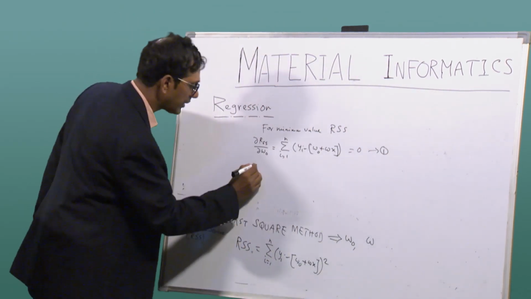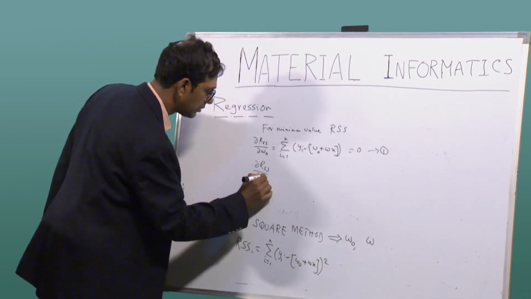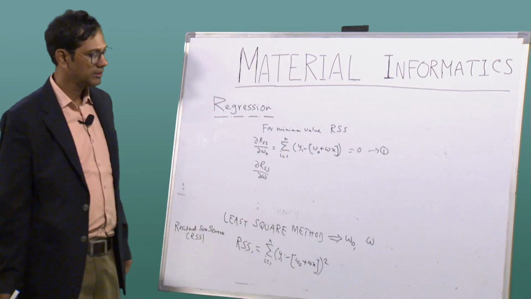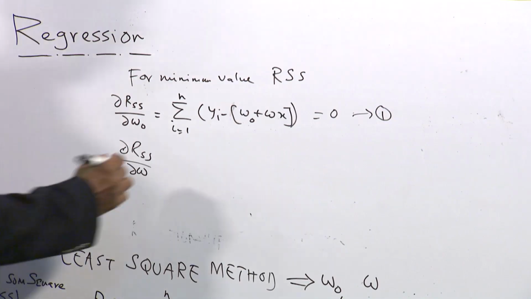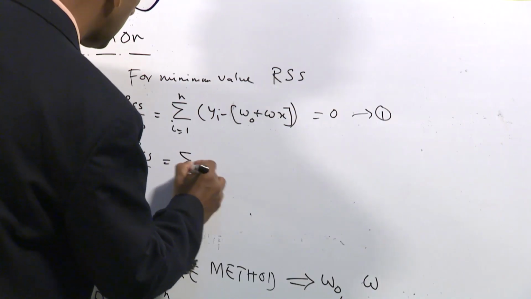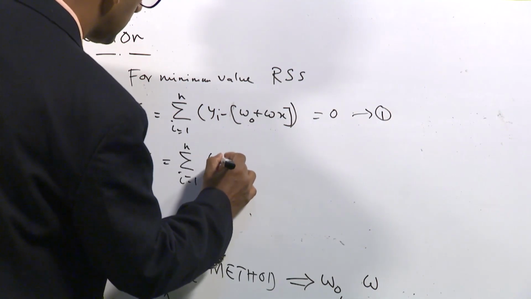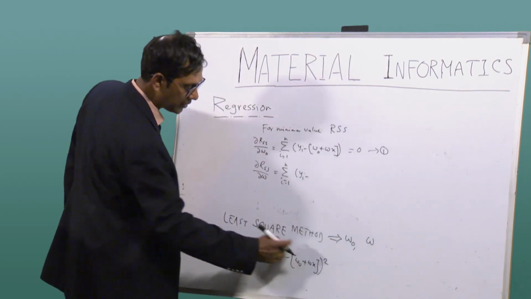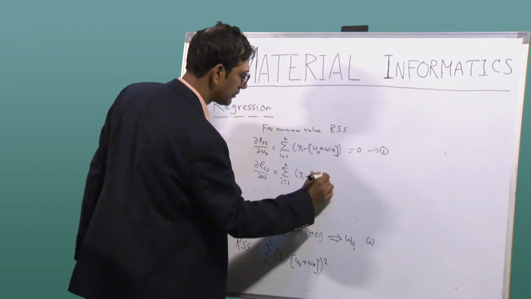Then we can also find the same thing with respect to W. So, what will you get? You will get something a little different. First, you have to differentiate the square, so that is what you will get.